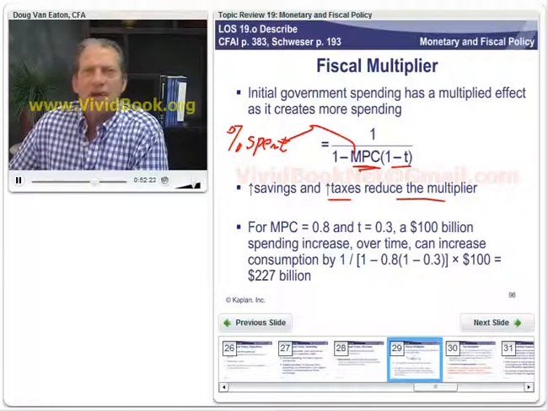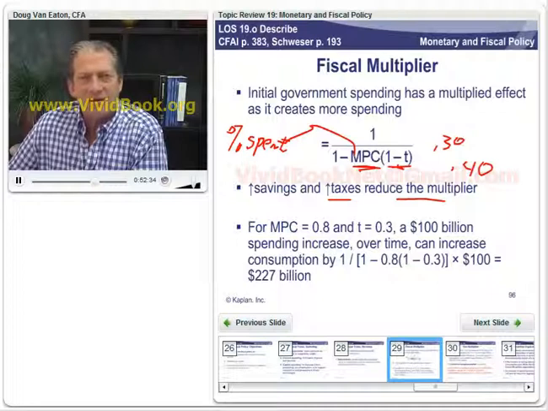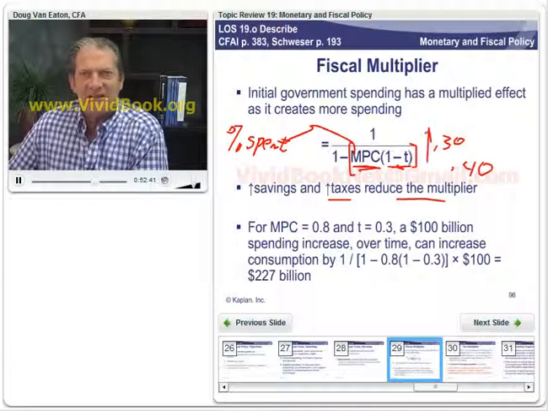We're multiplying times 1 minus taxes. So if the tax rate goes from 30% to 40%, this piece here goes from 0.7 down to 0.6. That reduces this overall term, and that reduces the fiscal multiplier.